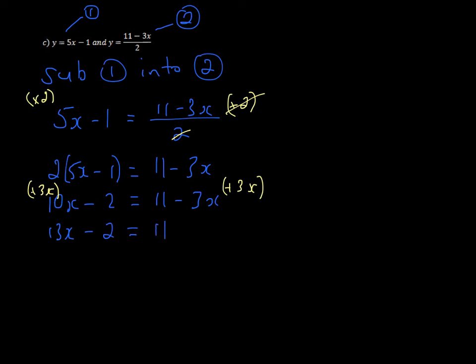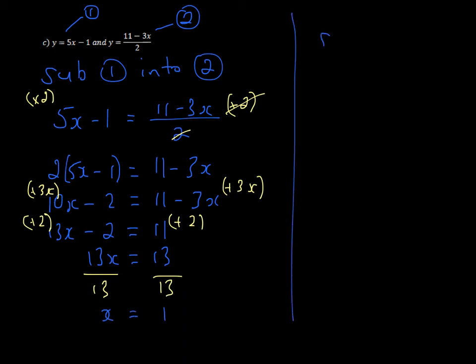I need to get that negative 2 to the other side, so I'm going to plus 2 to both sides. That'll give me 13x equals 13. Final step is divide by 13. So therefore I get x equals 1.